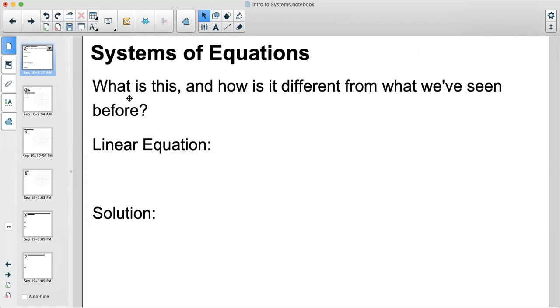So it says, what is this and how is it different from what we've seen before? Well, hopefully you've seen it before. But the deal here is that we have a linear equation, which is the most common kind.